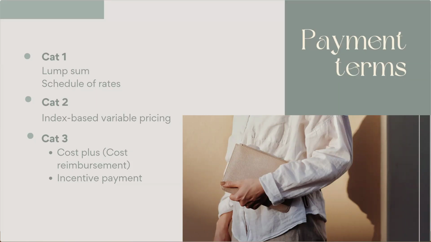For long contracts, we have the index-based pricing. This allows the contract price to be variable and fluctuate according to the market condition. And finally, we can pay the supplier based on their actual cost and the margin or markup. Or we can create a dynamic system of incentive payment.